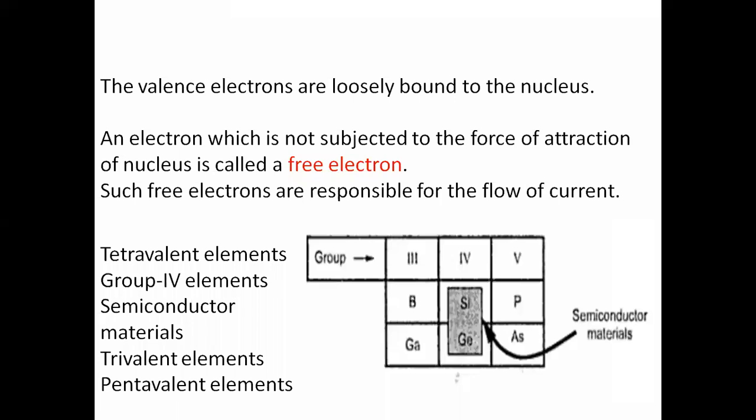These are obtained by adding some impurities to the original or pure semiconductor. Adding these impurities to the pure or intrinsic semiconductors is called doping.